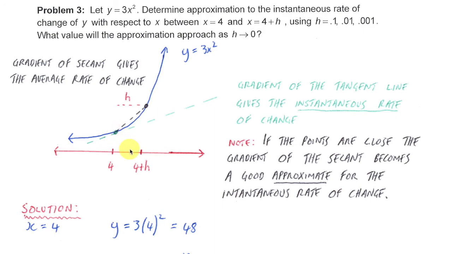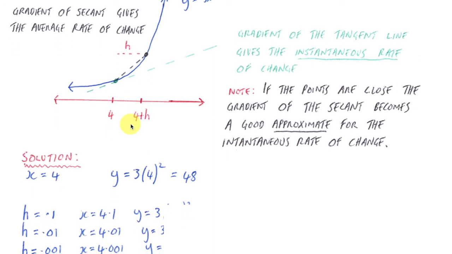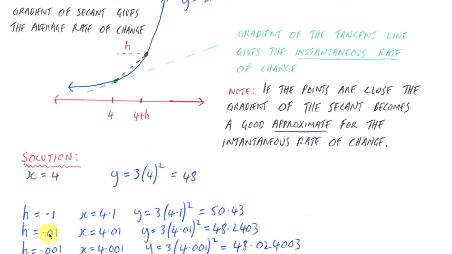Let's now get a better approximation. So let's bring this point a bit closer in. And let's now make that horizontal distance between the 2 points, the value of h, equaling 0.01. So now h equals 0.01. So there's 4. I'm going to be moving across to having x equaling 4.01.